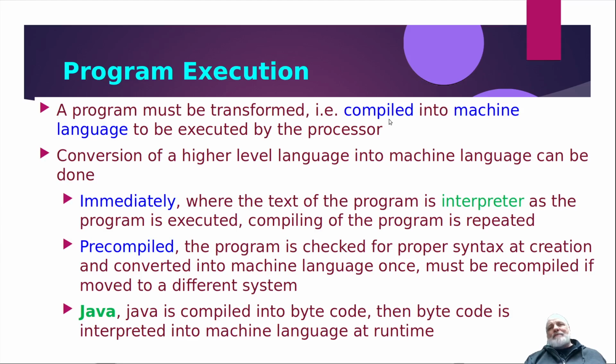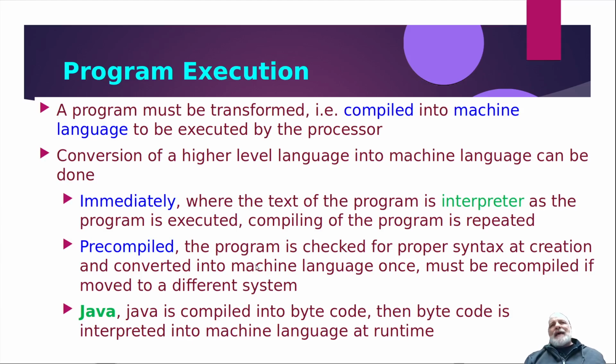The idea of the compiled language is you compile it into the machine language, and then that is your program, and then you can execute it whenever you want. The other way is to do what they call interpret it. Okay, so compiling it, I guess, is just referring to converting it from a language that we can more easily understand than the ones and zeros into the ones and zeros.